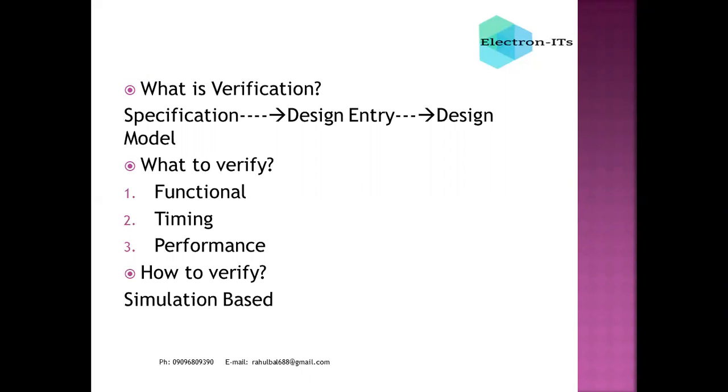Now there is a sequence of things we have to follow, in which we interpret the results from the specification using HDL languages like Verilog, System Verilog or VHDL. Then it will result into design entry. Design entry then will get converted into model using RTL coding. We'll discuss RTL coding in detail in our course.